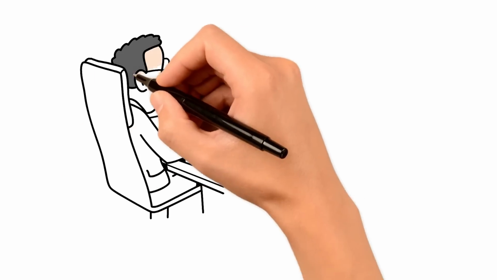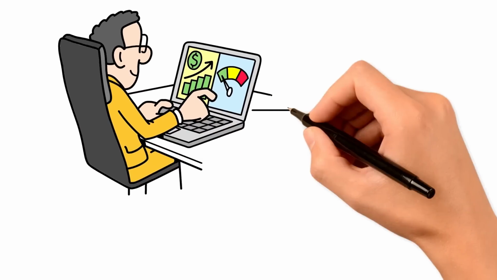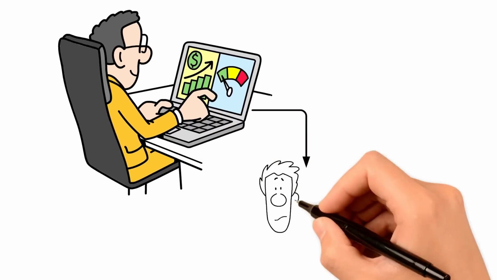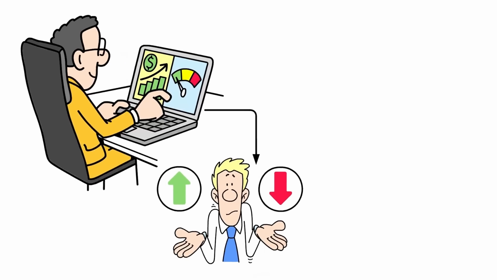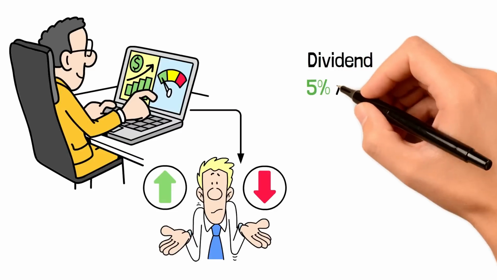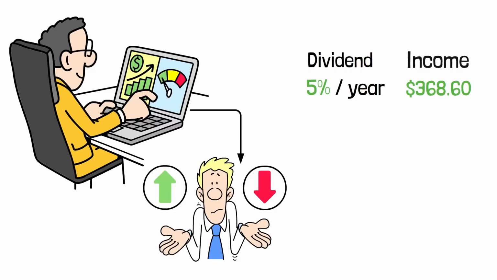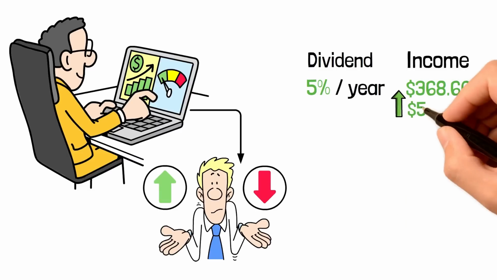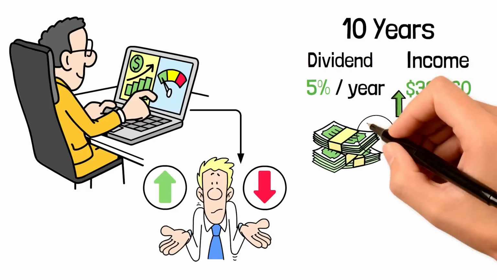Compounding becomes even more powerful if your stocks increase their dividends over time. Many dividend aristocrats raise payouts annually, often outpacing inflation. For example, if your portfolio's dividends grow by 5% per year, your $368.60 income could climb to $599.57 after 10 years, even without reinvesting.